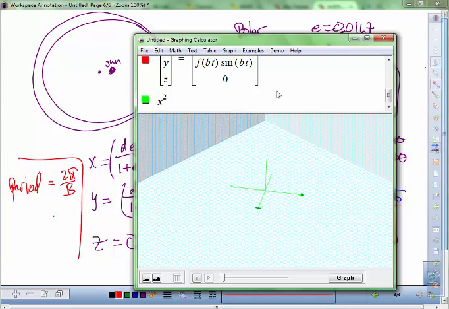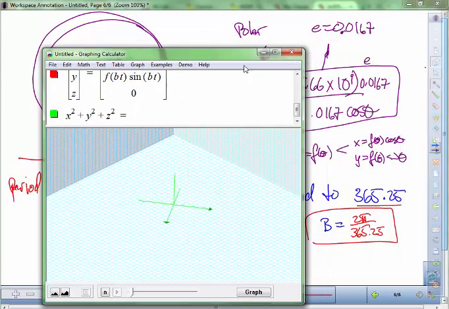X squared plus y squared plus z squared equals r squared. So, did you find the radius of the sun? Yeah, it's 695,800 kilometers.